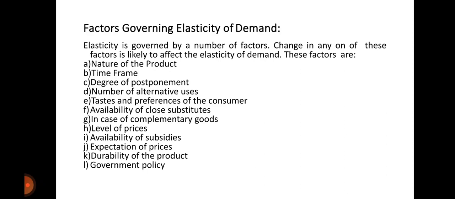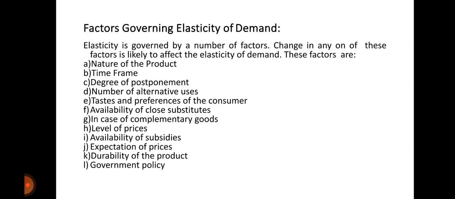The nature of the product will majorly affect the elasticity of demand, and the time frame is also a major part. Then degree of postponement, number of alternative uses, tastes and preferences of the consumers, availability of close substitutes, and the case of complementary goods.